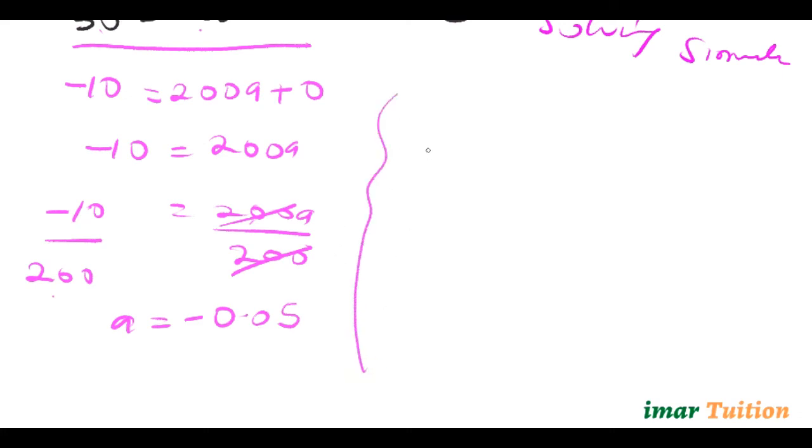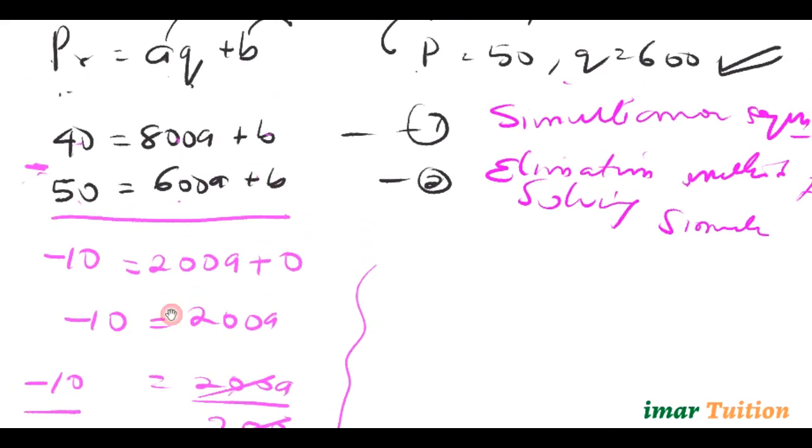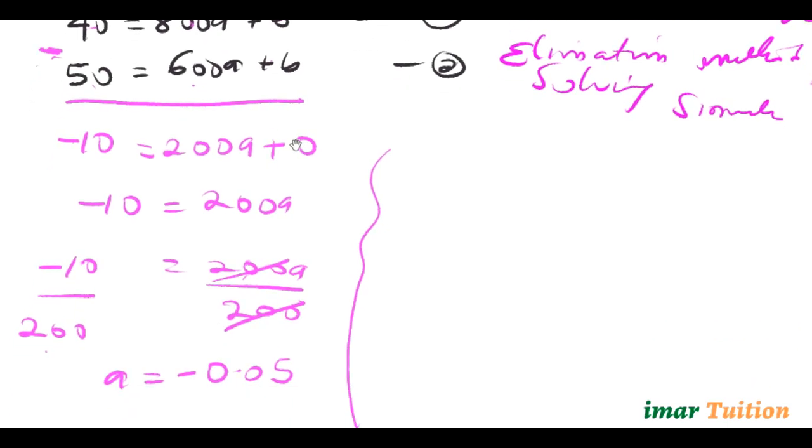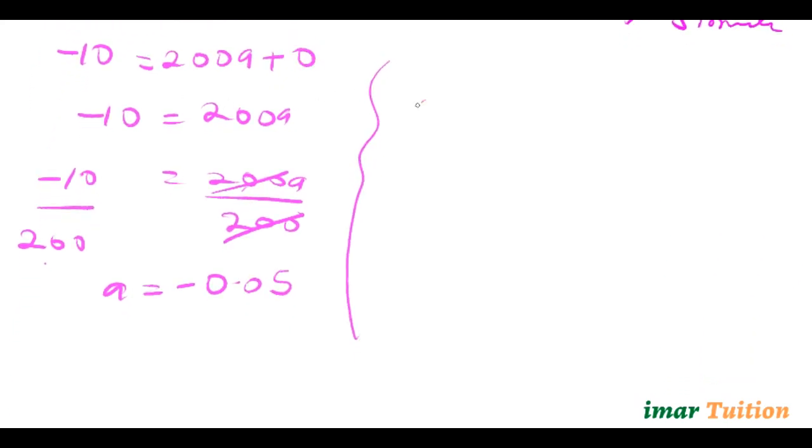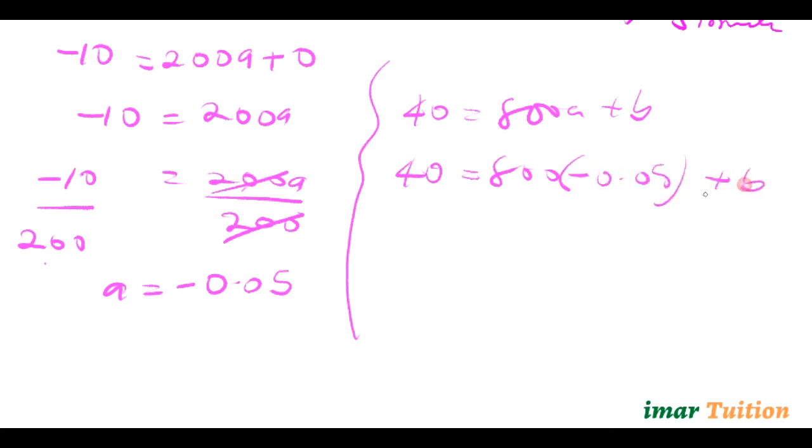Now the next one, you will recall that for one of the equations, we had A and B. So if we take the first equation there, which is 40 is equal to 800A plus B. Now that we have the value for A, we can substitute that here. Then we can easily find the value for B. So 40 is equal to 800 times minus 0.05 plus B. That gives you minus 40 plus B. These and these, they are numbers.